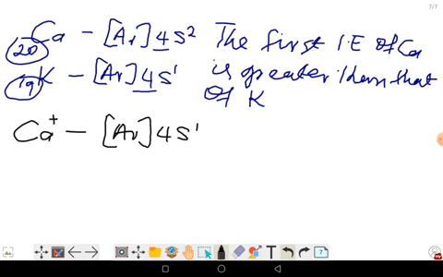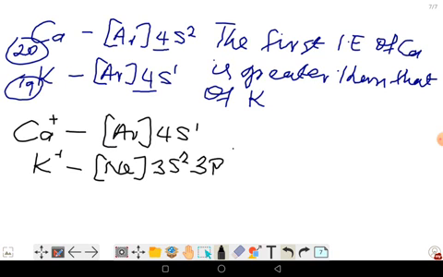Then for potassium, this is K+, which has the configuration of argon, so it is going to be neon core 3s2 3p6.